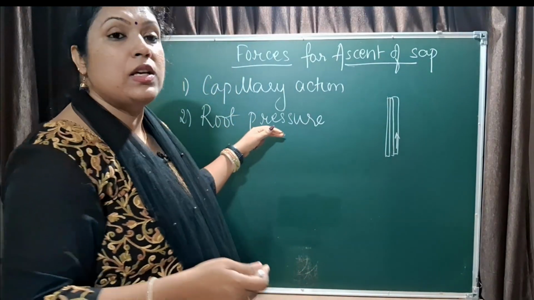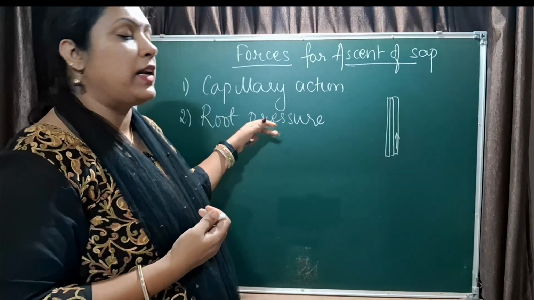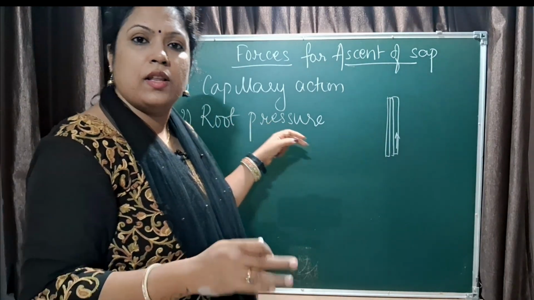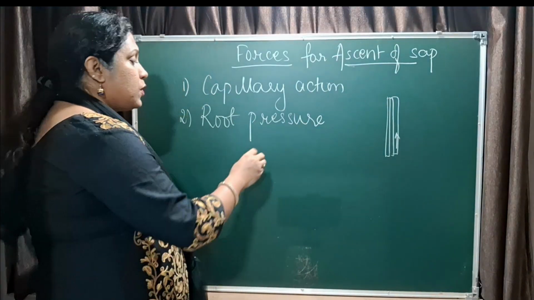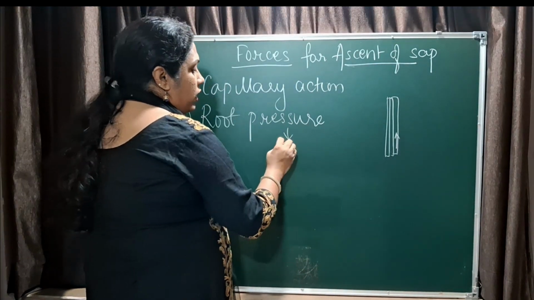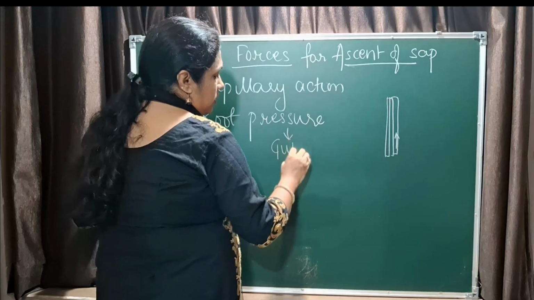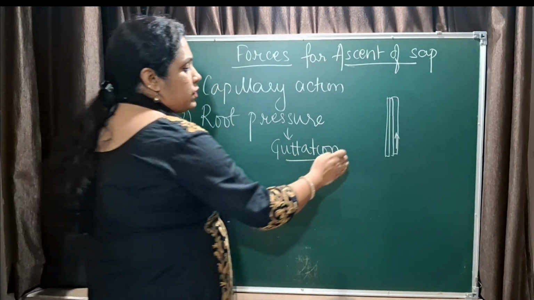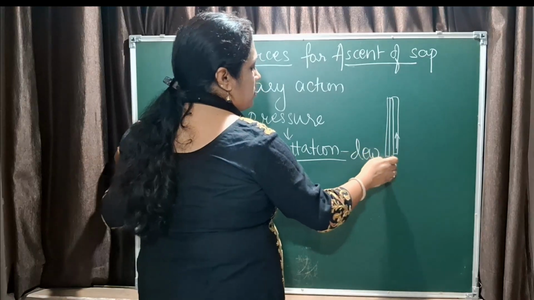So, root pressure is the initial uptake of water till a certain height. Small shrubs are happy with the root pressure. It is because of root pressure that we get guttation, that is oozing out of water from the margin of the leaves, which leads to the formation of dewdrops.